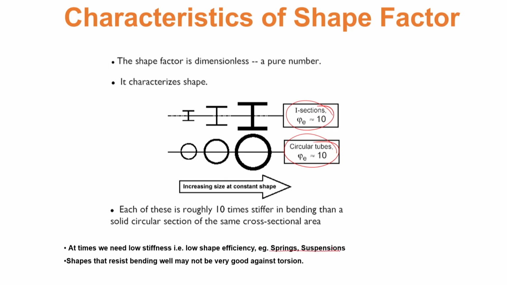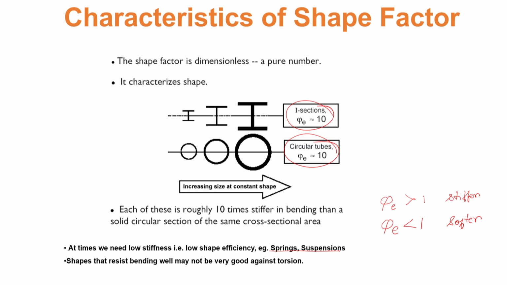In such a case we would not go for a value of phi e greater than 1, but we will go for phi less than 1. So, the first is for stiffer sections, and this is for softer sections. So, both of them are important depending on the applications.